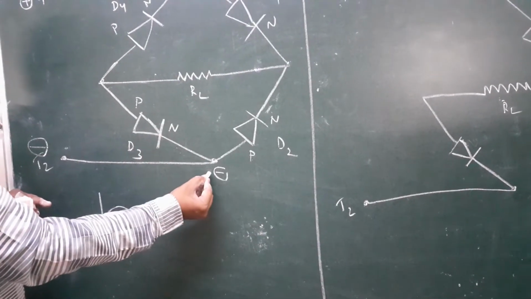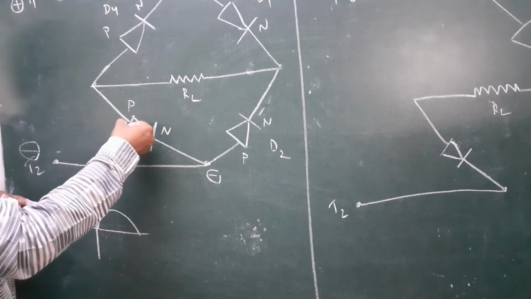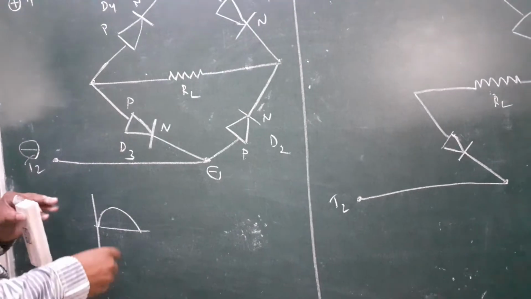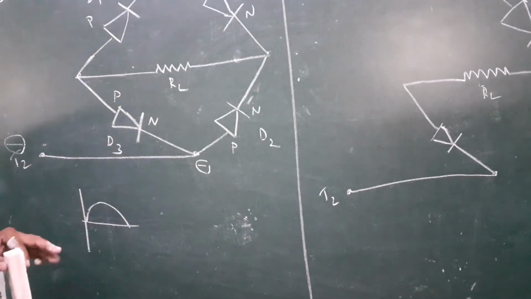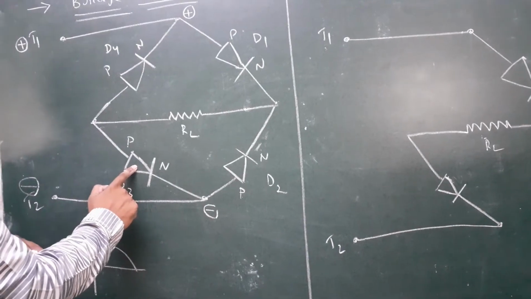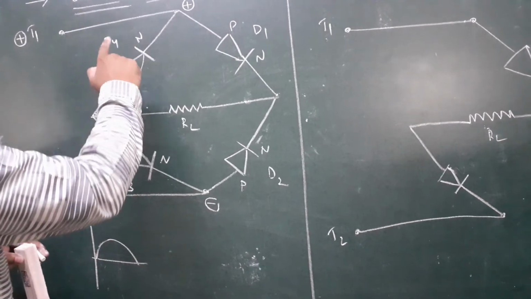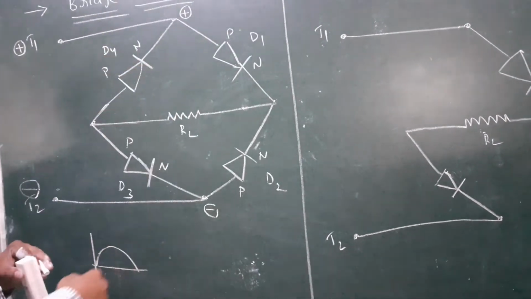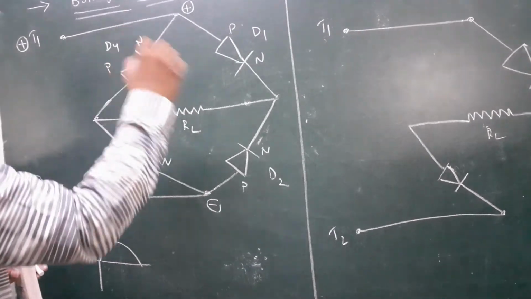N is connected to negative, so this is forward bias. That means during the positive half cycle, D1 and D3 are forward bias, and D4 and D2 act as reverse bias, so they will be removed.